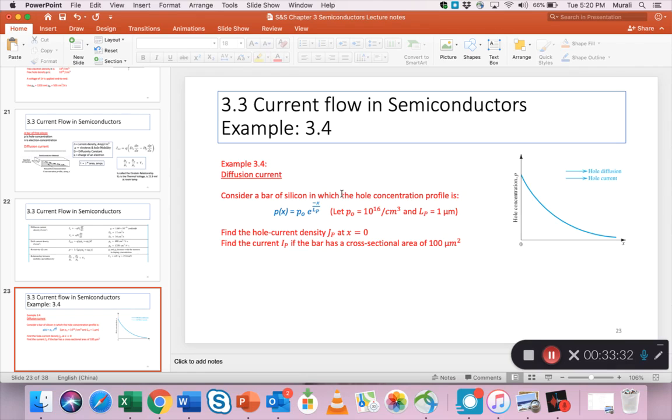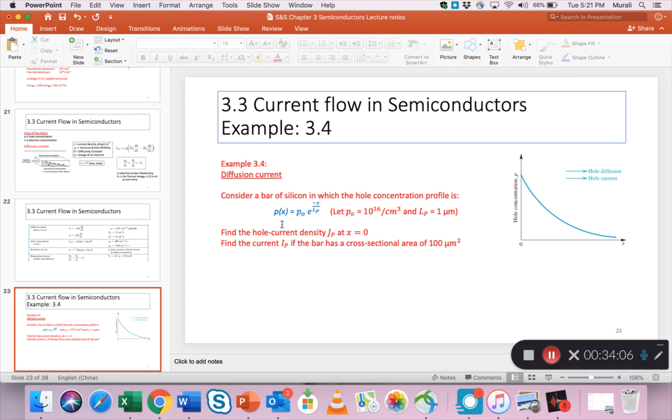The bar of silicon has a hole concentration like this: P of x equals an initial value P0 times e raised to minus x over something. This reminds us of the time constant in inductive and capacitive decay, the same concept. The initial value P0 is 10 to the power 16, and the time constant type thing Lp is given to be 1 micrometer.